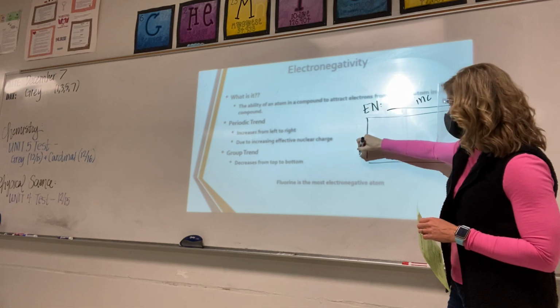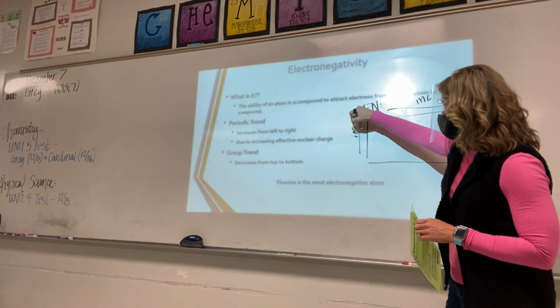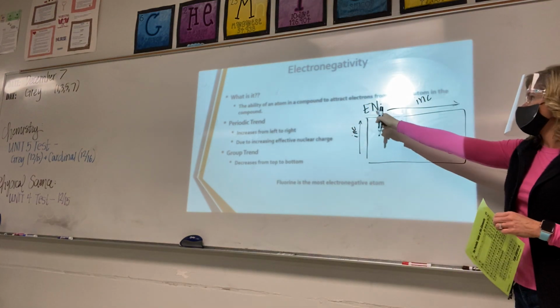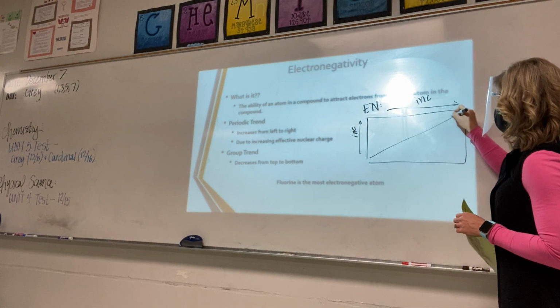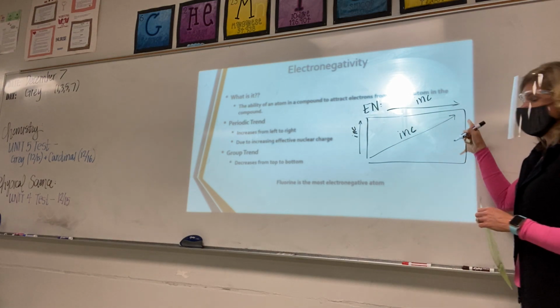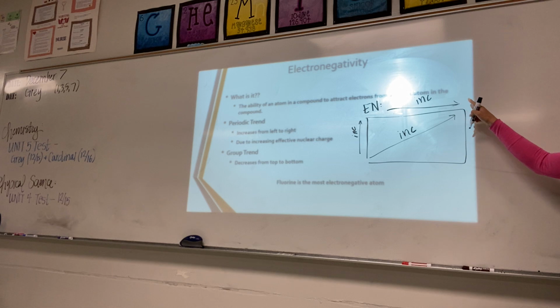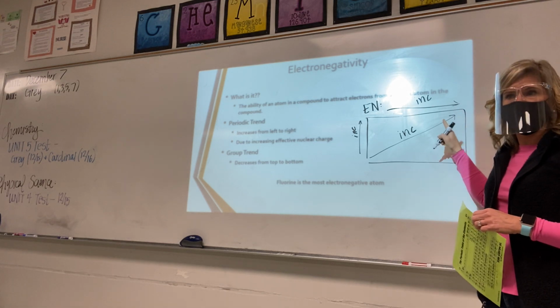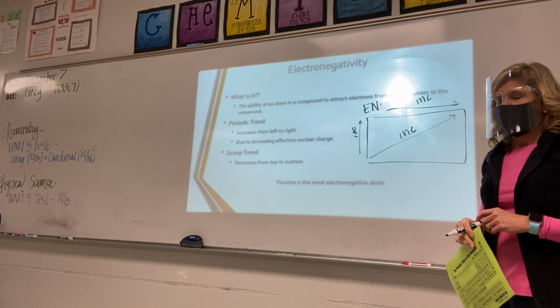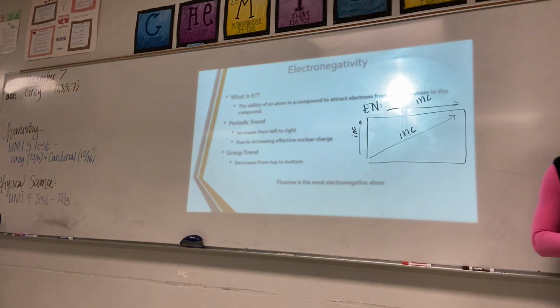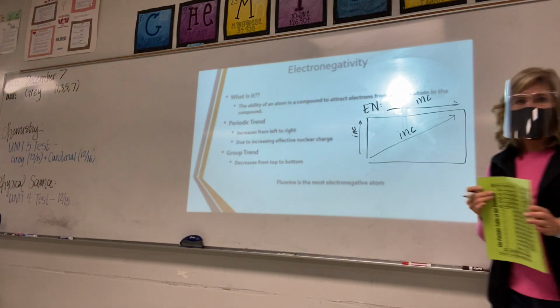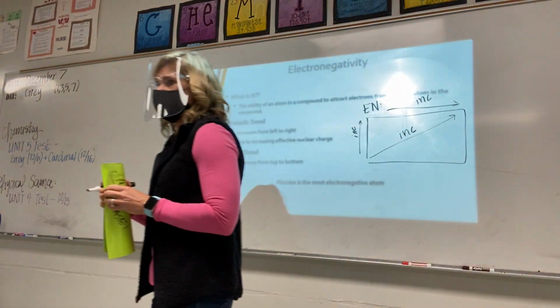Increasing up. So if we increase up and to the right, our overall trend is a diagonal to the top right, making fluorine the most electronegative element of all on the periodic table. Any questions on electronegativity?